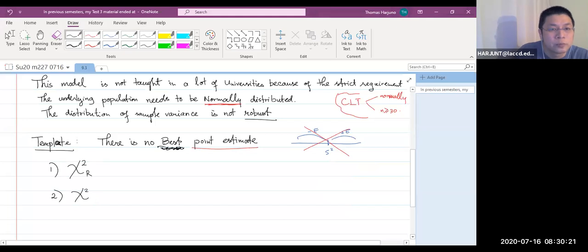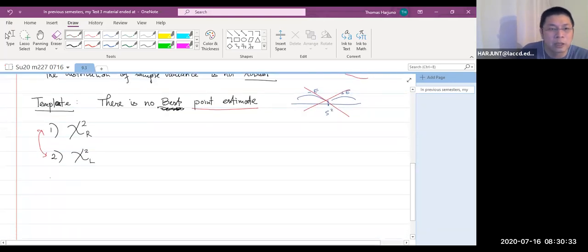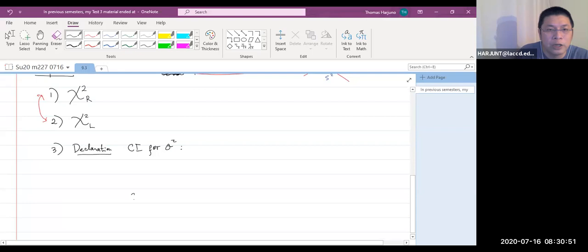You can do this interchangeably, either 1 first or 2 first. Then step 3 will be just like before: you need to have a declaration first, the confidence interval for sigma squared. Once we get that confidence interval, if we need the confidence interval for the population standard deviation, we apply square root to each side.